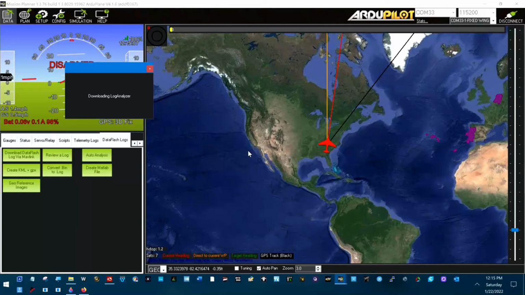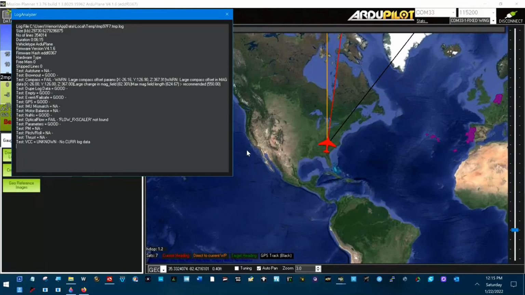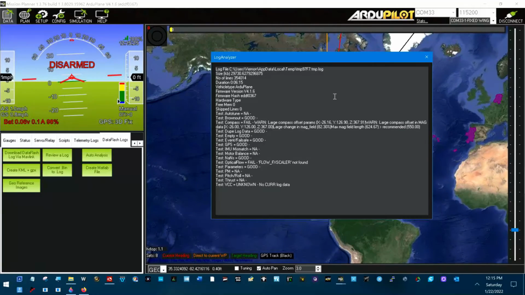This is the auto analyzer for data flash logs. As you can see, during that last flight, I had a compass problem. Mag field length too long, some variables in my compass here that aren't correct. So I've got to do a little bit of something about this and then fly it again and see if this problem has been corrected.